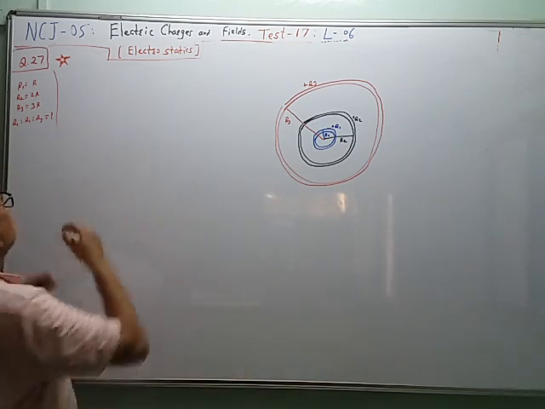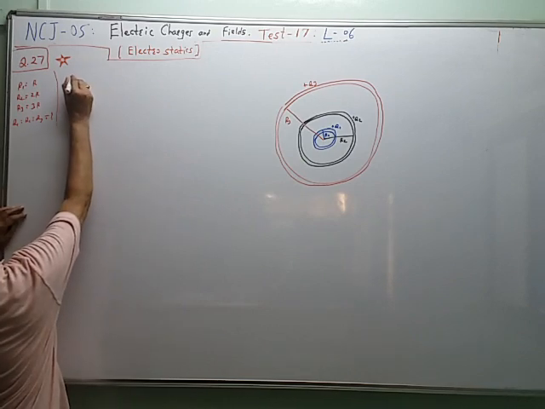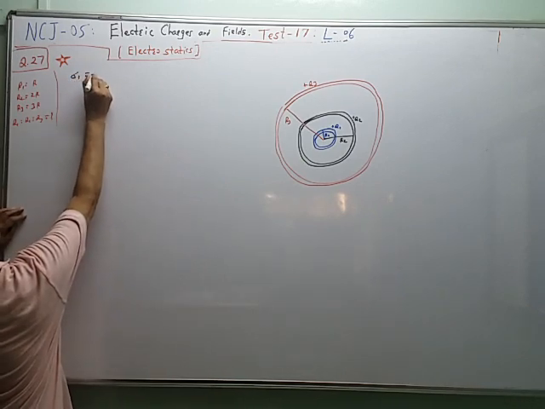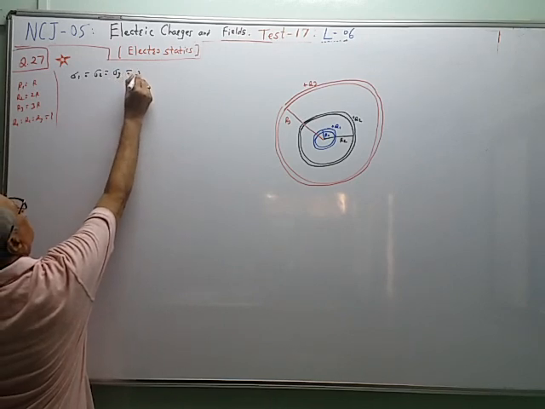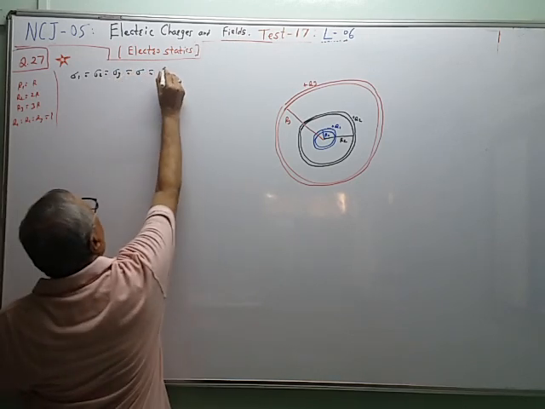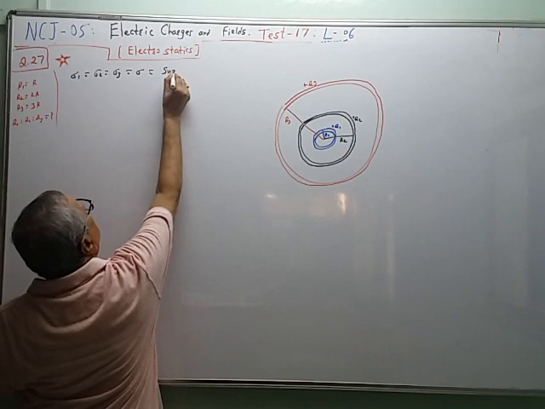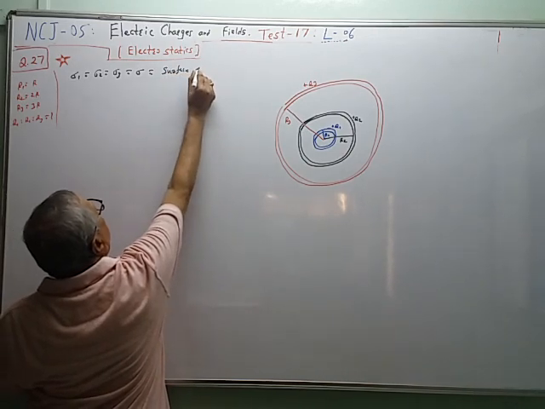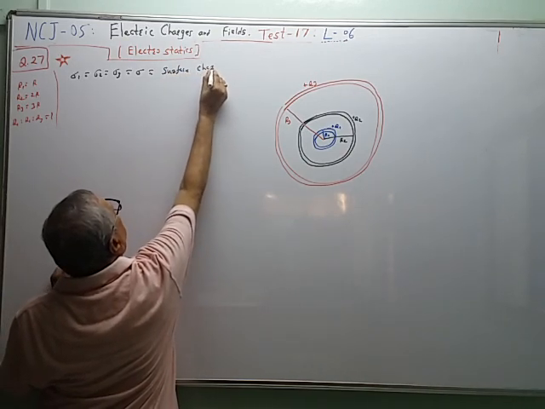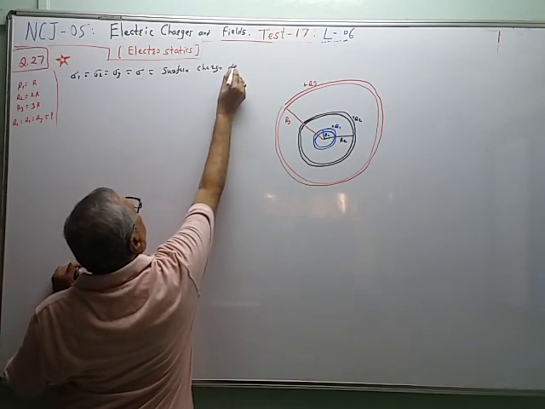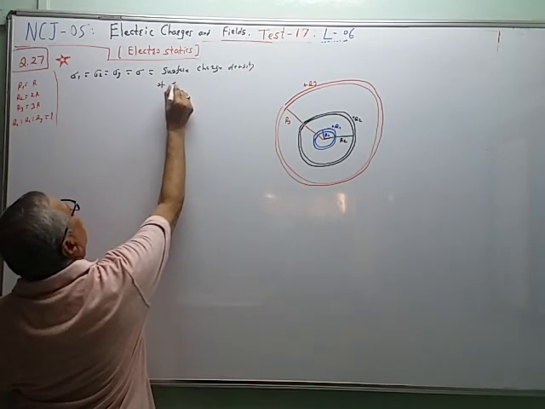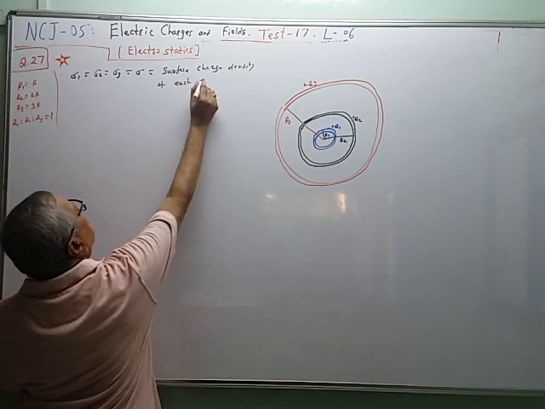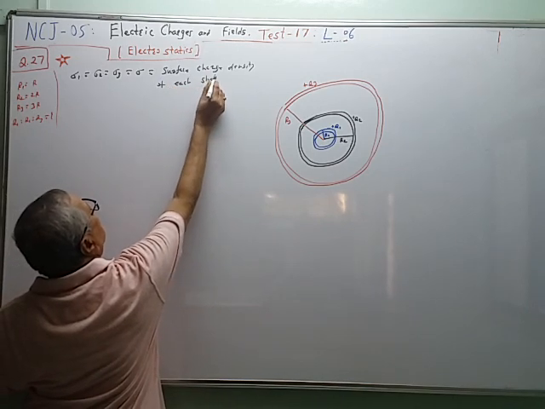One more quantity is given: sigma 1 is equal to sigma 2 is equal to sigma 3 is equal to sigma, the surface charge density on each shell.